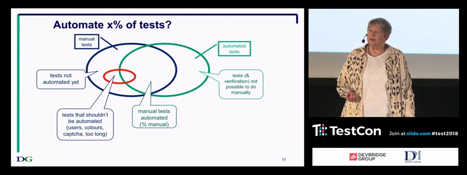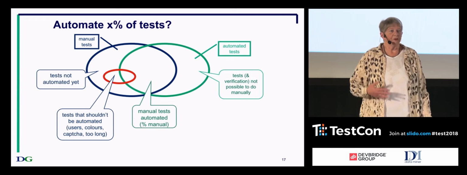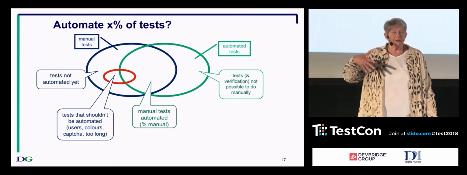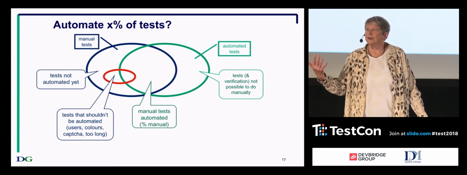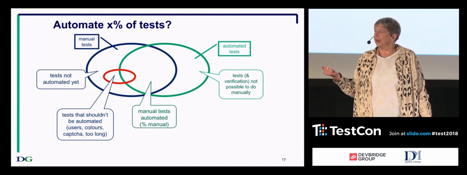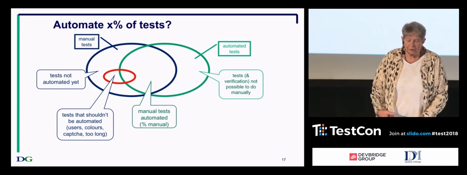There are things you can do with automation that you can't do manually. There's additional verification that you can look at. If you're testing manually, you see what's on the screen and say, oh, that looks about right. But are all those GUI objects in the right state? Easy to check with a tool. So there are things that you can do.